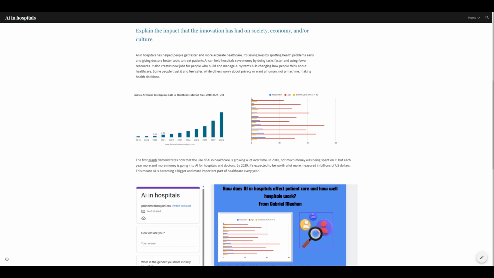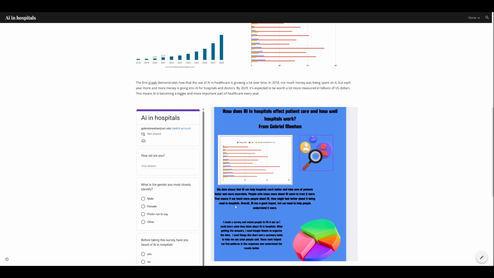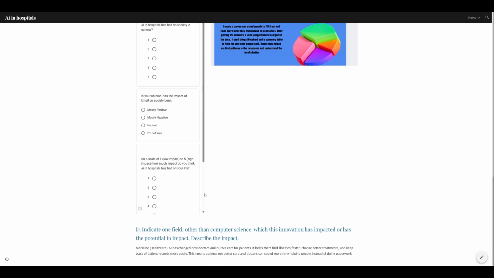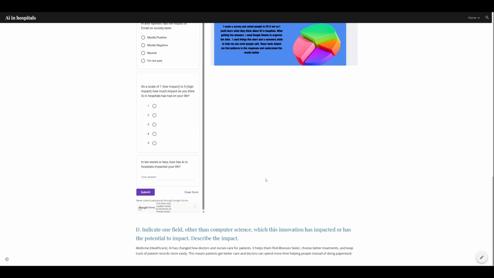So I pulled one graph that shows the increase in market size, which demonstrates how large this is growing and how much money they plan to put into it. And then on the right was my data from the survey I conducted, which is also below, and you can read some of the questions from that and scroll through it.